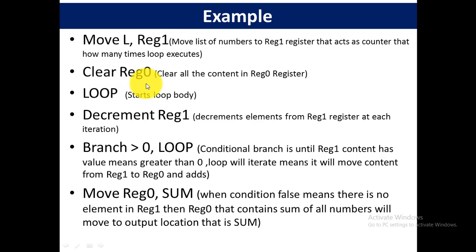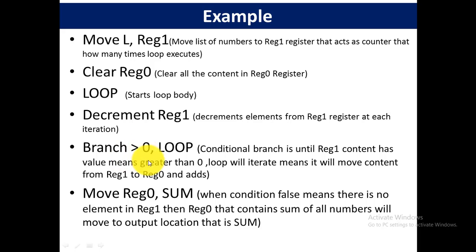And we clear register 0, clearing all the content in it. Then we start the loop body and say decrement register 1, which decrements the elements of register 1 at each iteration. For example, if register 1 has 3 values, then each iteration it will decrement by 1.